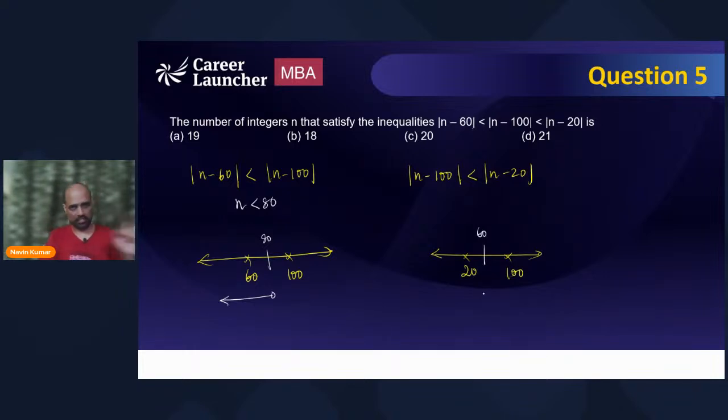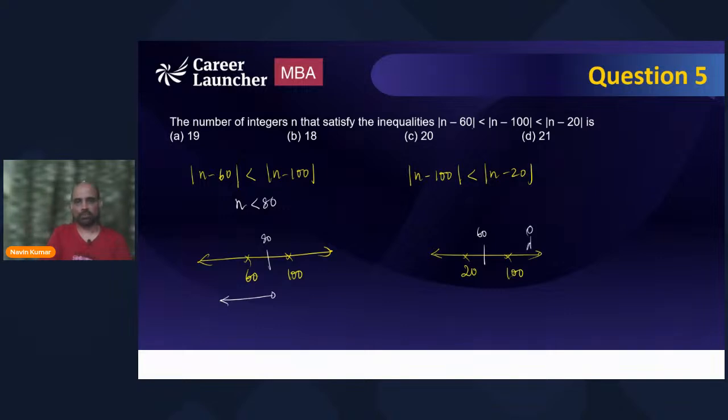Forget about the first case. We are only paying attention here. So we need to make a person stand either to the left of 20, between 20 and 60, between 60 and 100, at 60, beyond 100 on the right hand side, anywhere, such that it is closer to 100.